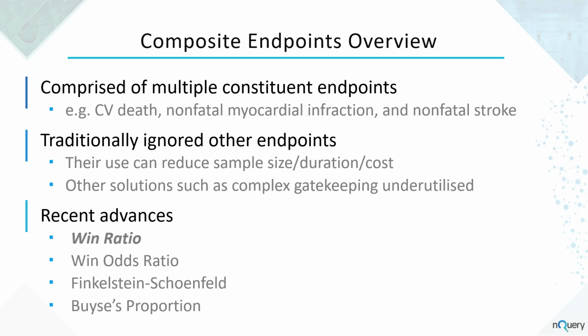So I'll explore that in a bit more detail later when I talk about the win ratio. But just to mention that here, there are benefits to analyzing these secondary endpoints rather than just ignoring all this information, which is usually quite expensive to collect.